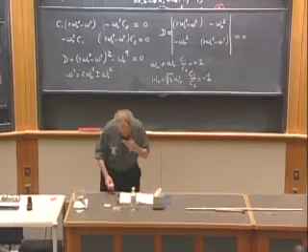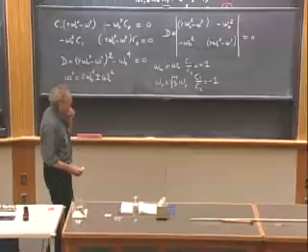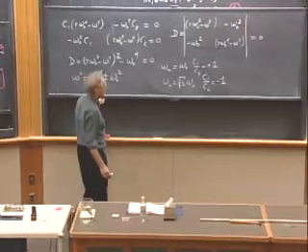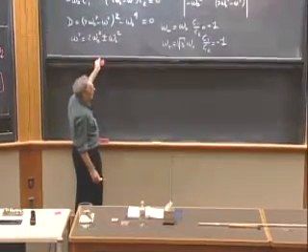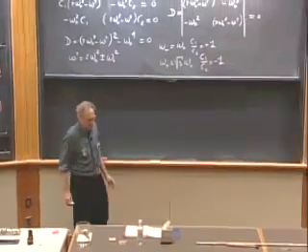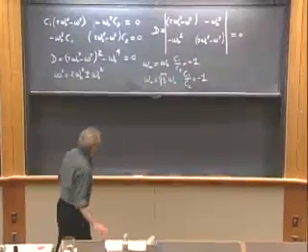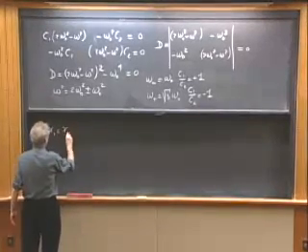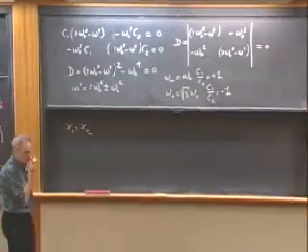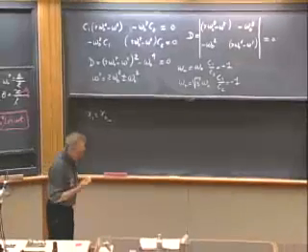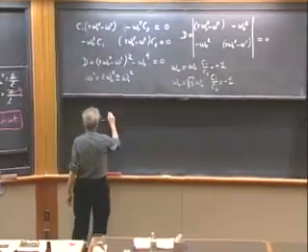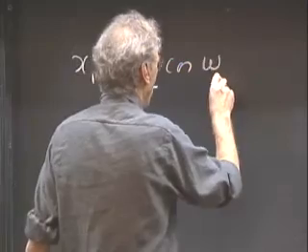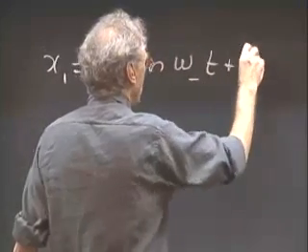So the general solution now for a given initial condition, so if now I give you the initial condition, then the general solution would be for x1 would be x0 minus, the minus makes reference to that lowest frequency, times the cosine omega minus t plus some phase angle minus.